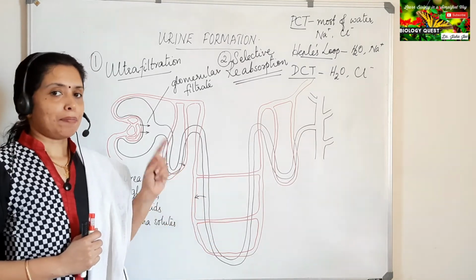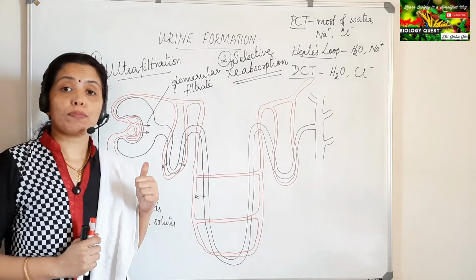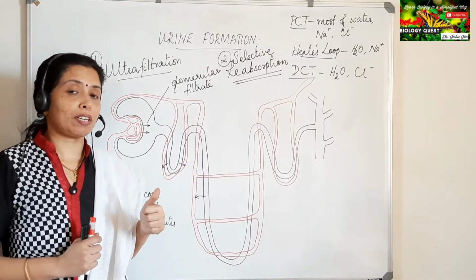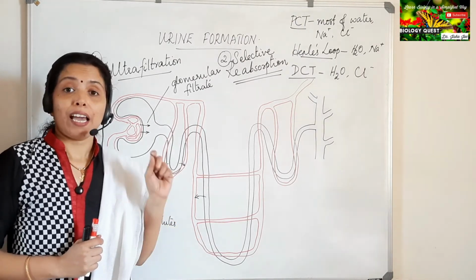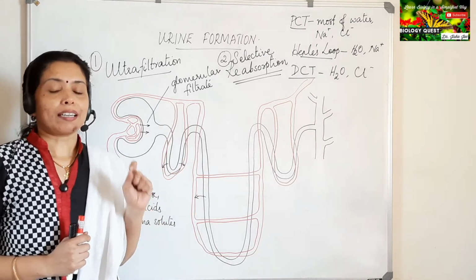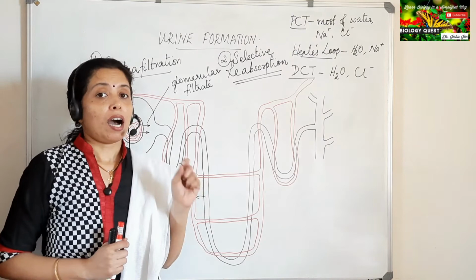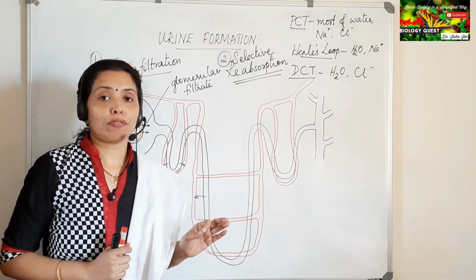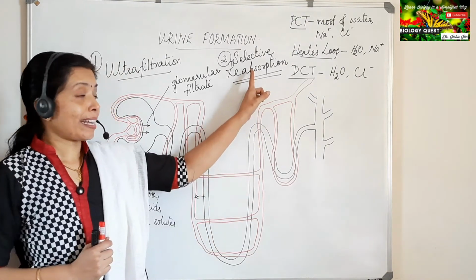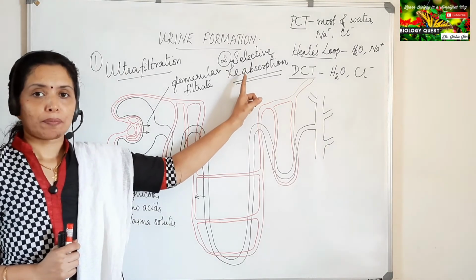So that is why in the beginning I told you the kidney performs two-fold functions. The first function is the formation of urine. Along with the formation of urine, the kidney performs the function of osmoregulation. Okay, how does it perform the function of osmoregulation? By selective reabsorption.